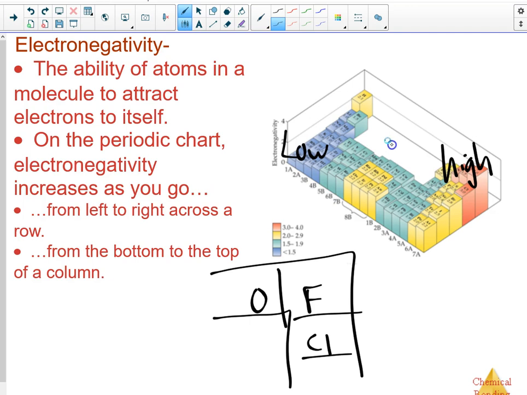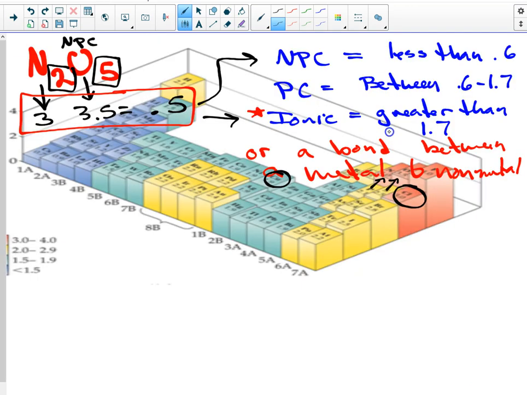There's always weird stuff when we get to the transition metals, and that's because we now are dealing with the D block, and the rules are just slightly different. All right, so far okay? Okay, so whether something is ionic, polar, or nonpolar has everything to do with the difference in electronegativity of the atoms involved.